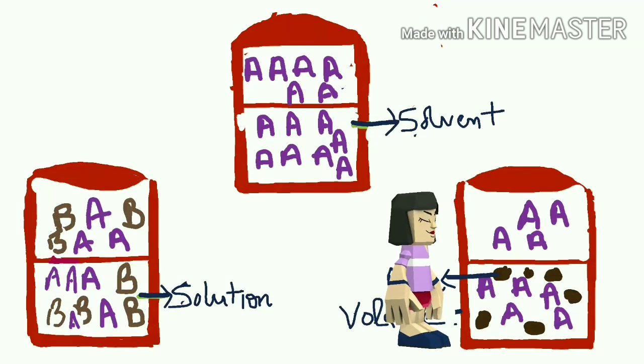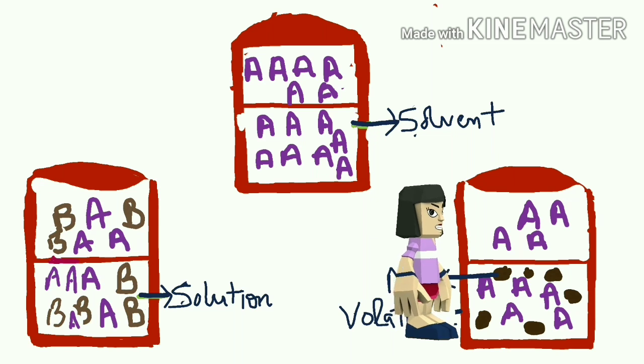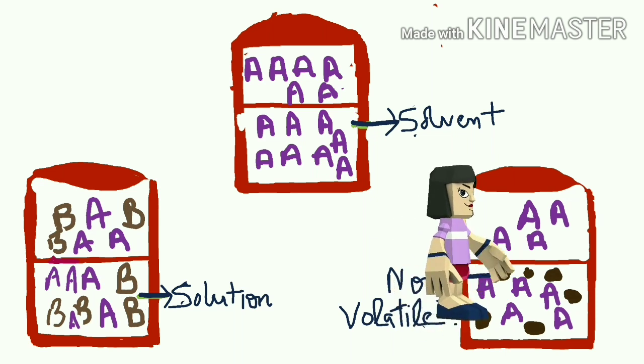Now I have taken a system where I have added non-volatile solute particles to the volatile solvent A. These non-volatile solute particles will act as a hindrance in the vaporization of A because they will block the surface area. So fewer A particles will vaporize and the vapor pressure is expected to be lower.